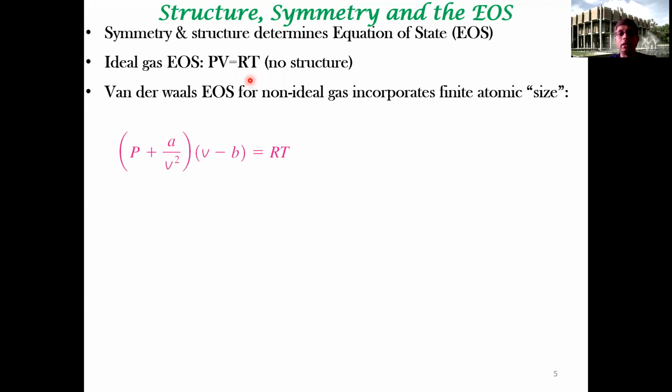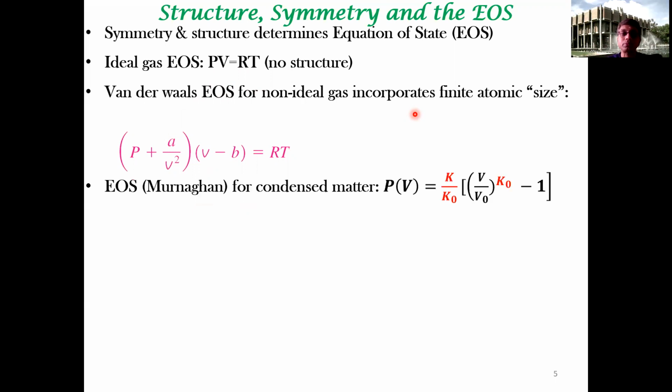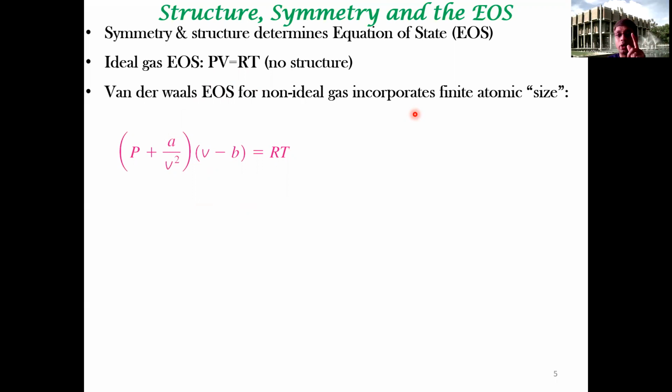From an ideal gas law, I go to the van der Waals equation of state. So with the introduction of some structure, the complexity in the equation of state increases. But still, the ideal gas has certain symmetry, continuous translation symmetry, so the complexity of its equation of state is still less.